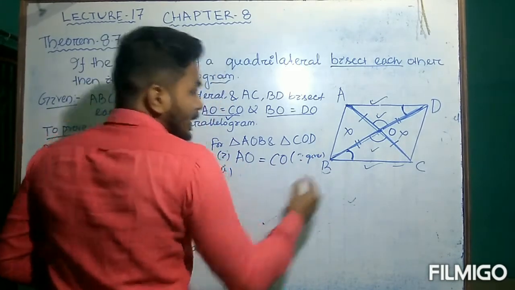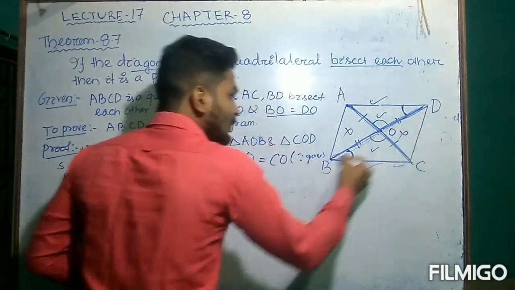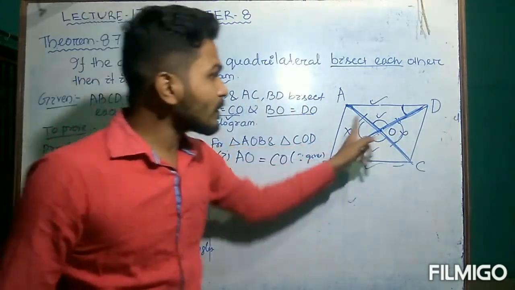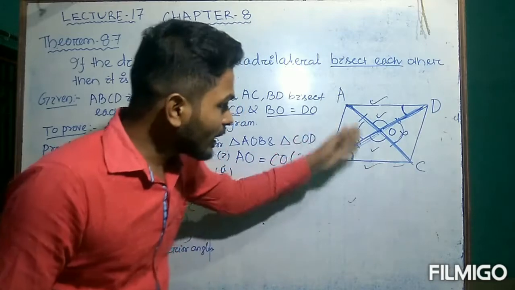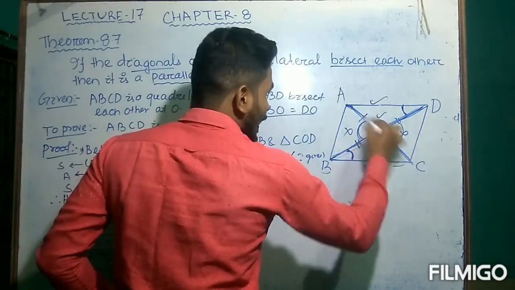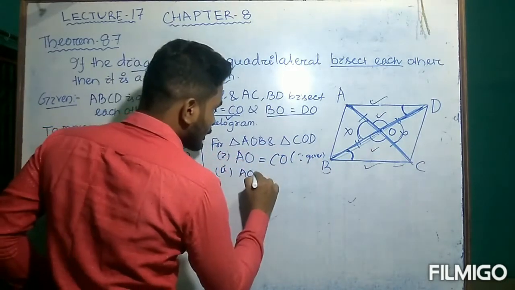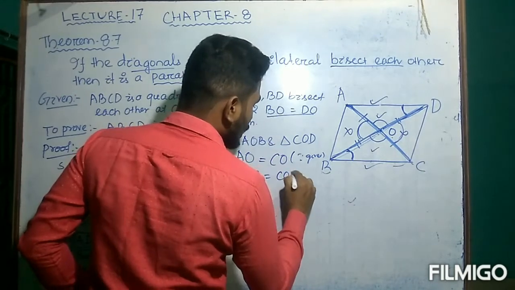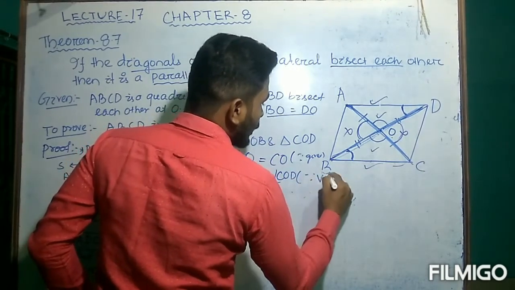Second, if AC and DB are two lines, then these two are opposite angles and they are known as vertically opposite angles, and we know vertically opposite angles are equal. So we can write this angle AOB is equal to this angle COD, as they are vertically opposite angles.